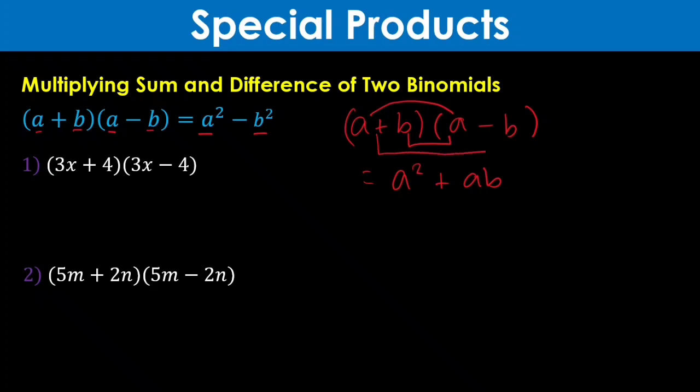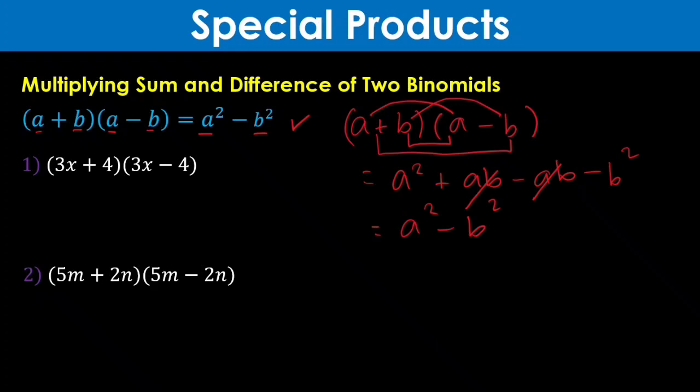And then the outer terms, that's negative ab. Then the last terms, that's negative b squared. Now these two terms in the middle will cancel out. That's equal to 0. And we have a squared minus b squared. And that proves this formula is correct.